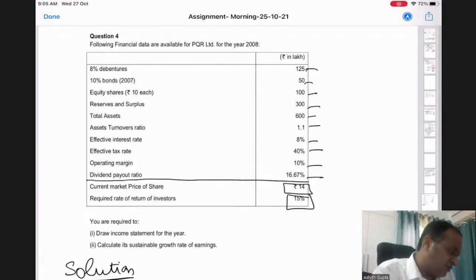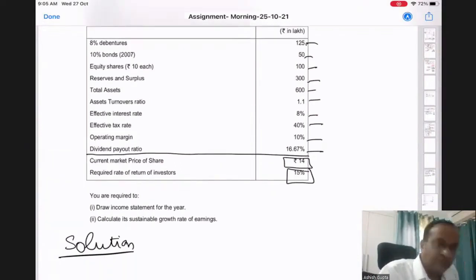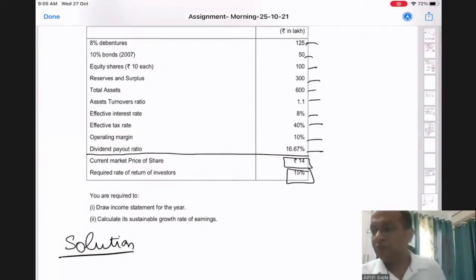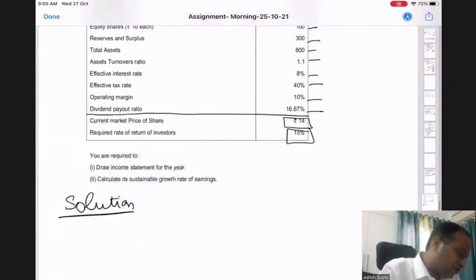We are mainly concerned with the items up to this point. Now it says we need to draw the income statement for the year and calculate its sustainable growth rate.